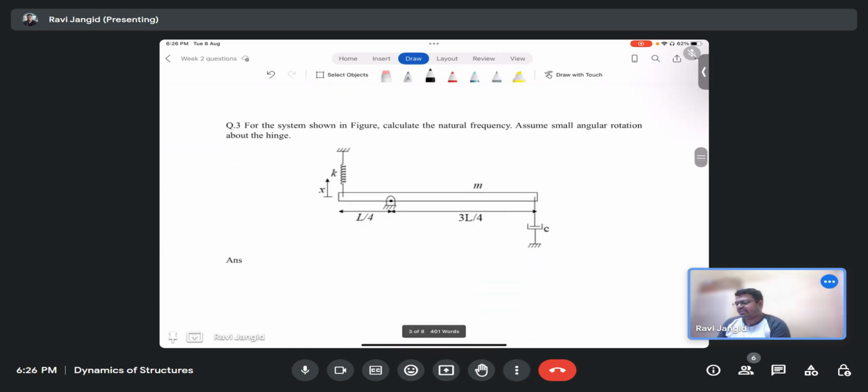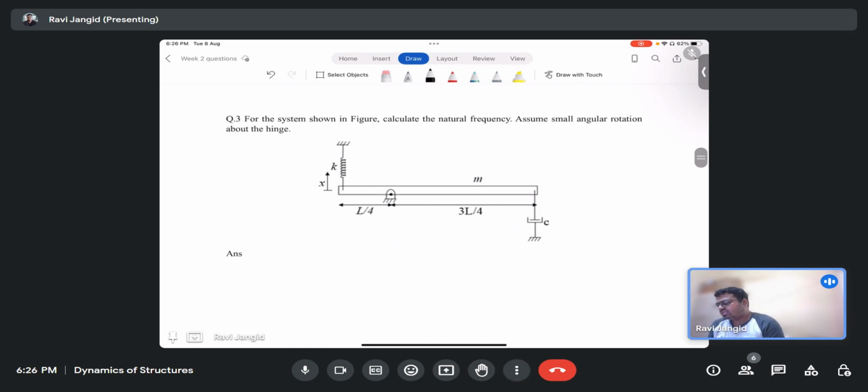Question 3 states that for the system shown in the figure, we need to find the natural frequency, assuming small angular rotation about the hinge. Omega n would be square root of k by m.